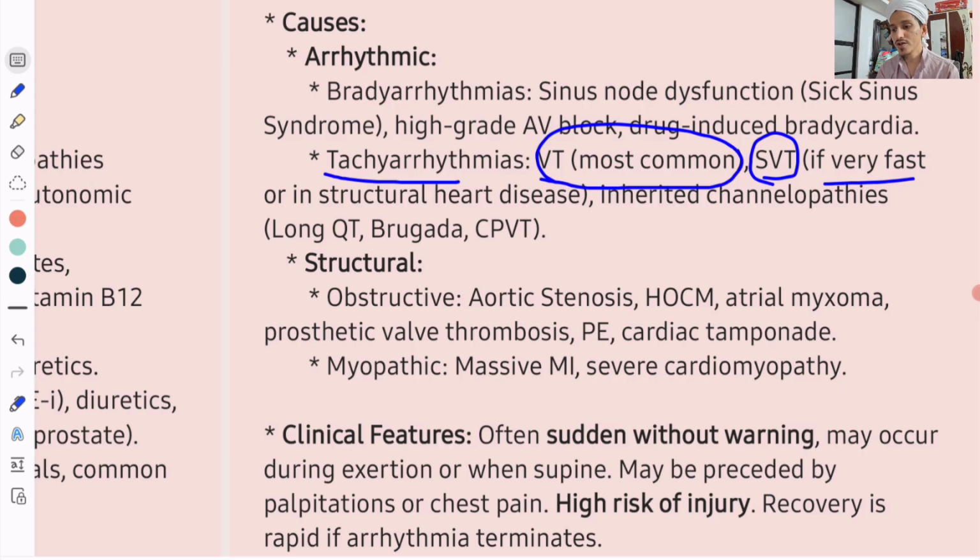Or some long QT syndrome like Torsades de Pointes, or Brugada syndrome. But remember, the most common tachyarrhythmias are ventricular tachycardia and supraventricular tachycardia. Both tachyarrhythmias and bradyarrhythmias can produce syncope.